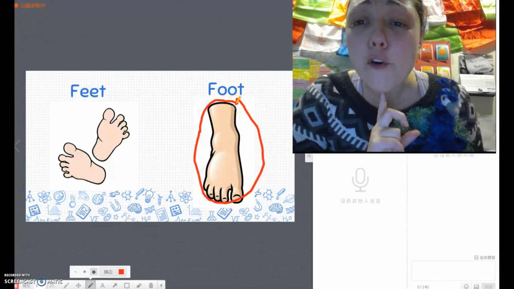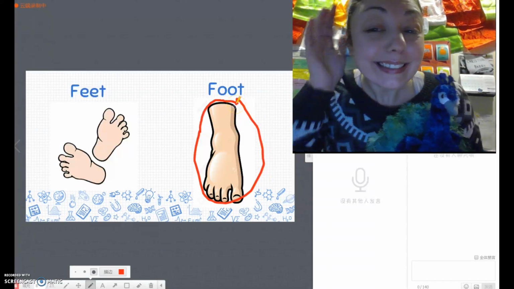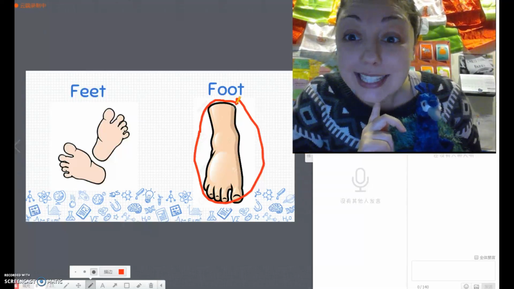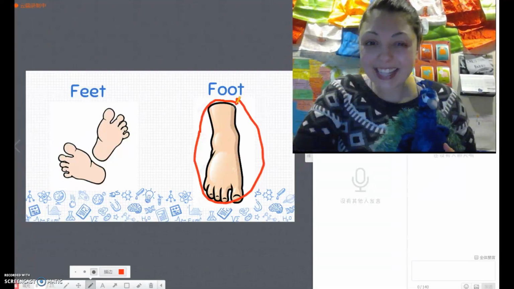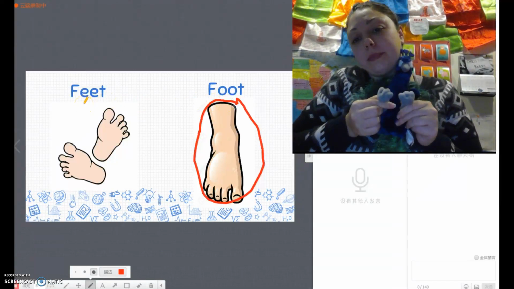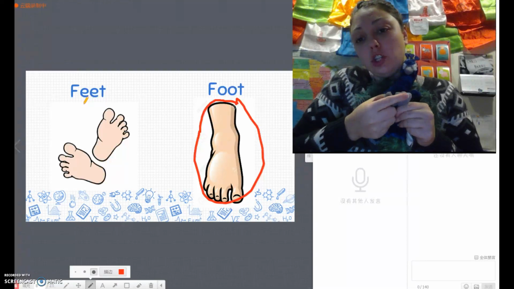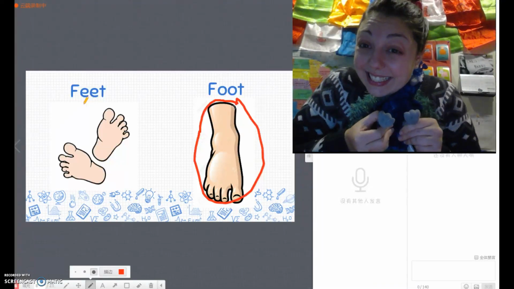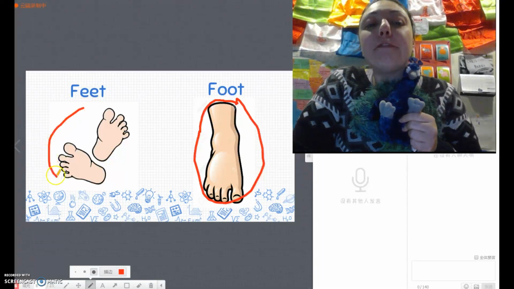Can you say foot? Foot. Good. And if we have 2, 1, 2 feet, we're going to say feet.